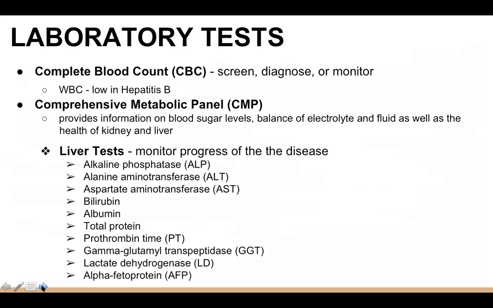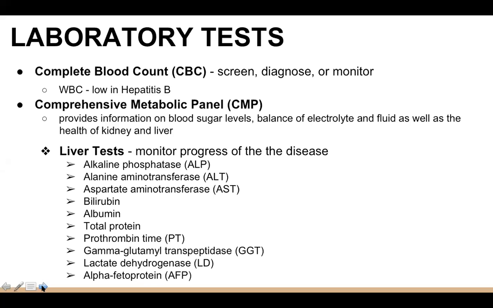Good noon, Doc. These are the laboratory tests to be done. First is the complete blood count, to screen, diagnose, or monitor, especially the WBC, which is low in hepatitis B. The comprehensive metabolic panel provides information on blood sugar level, balance of electrolytes and fluids, as well as the health of the kidney and liver.